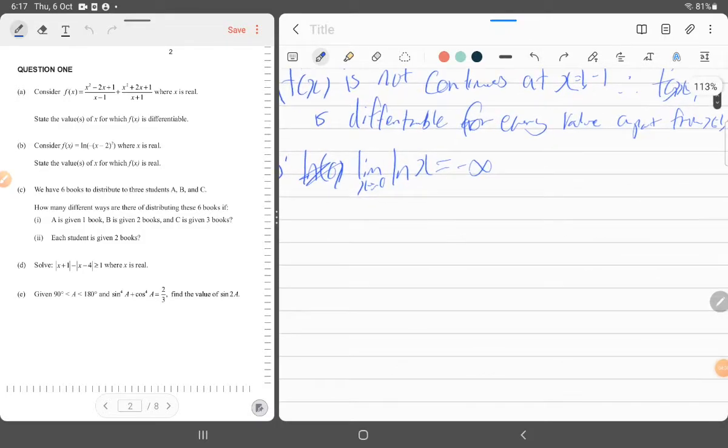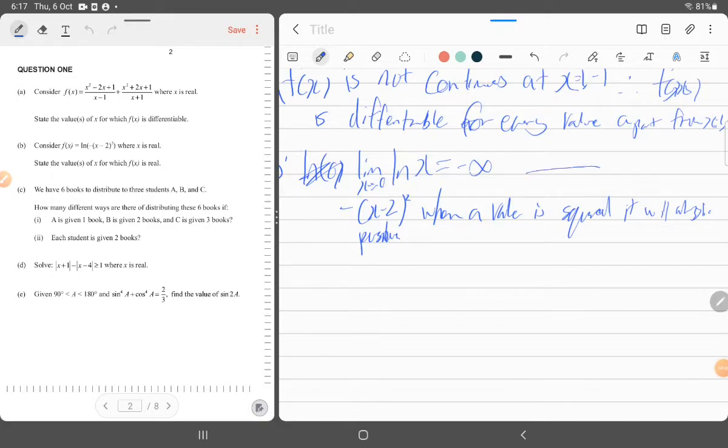But (x minus 2) squared, when a value is squared, it will always be positive, and it can also be shown as a graph, since it will always be like this, and it'll always be at or above 0.